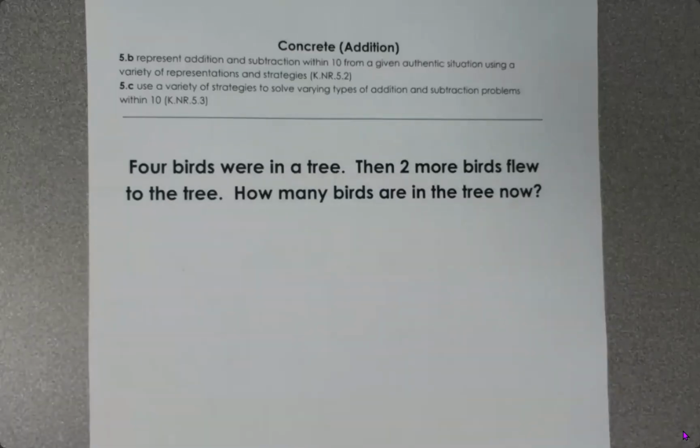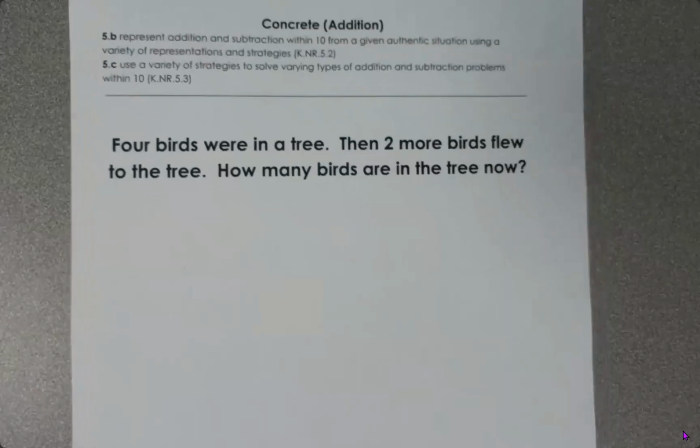And so I want to know how many birds there are if I combine these 2 groups of birds. So the question is asking me to find out how many birds are on the tree once the birds fly over to the tree. So I'm going to be joining or adding these 2 groups together.